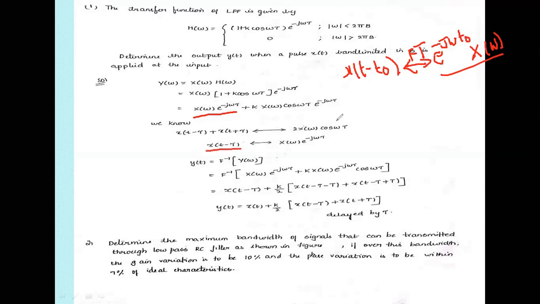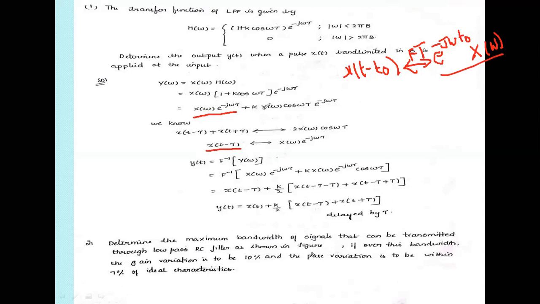See, for this function we already know the time shift property: x of t minus t naught has the Fourier transformation e power minus j omega t naught into x of omega. In the same way, in the frequency domain we have x of omega into e power minus j omega tau, with tau instead of t naught. For this function, the inverse Fourier transformation is x of t minus tau.